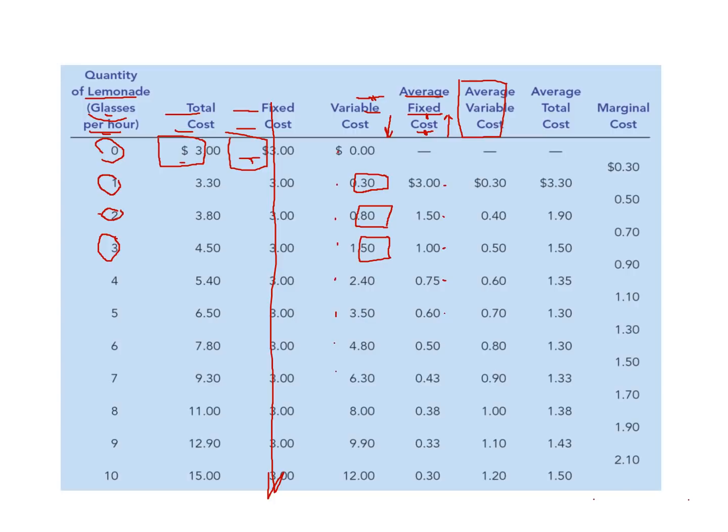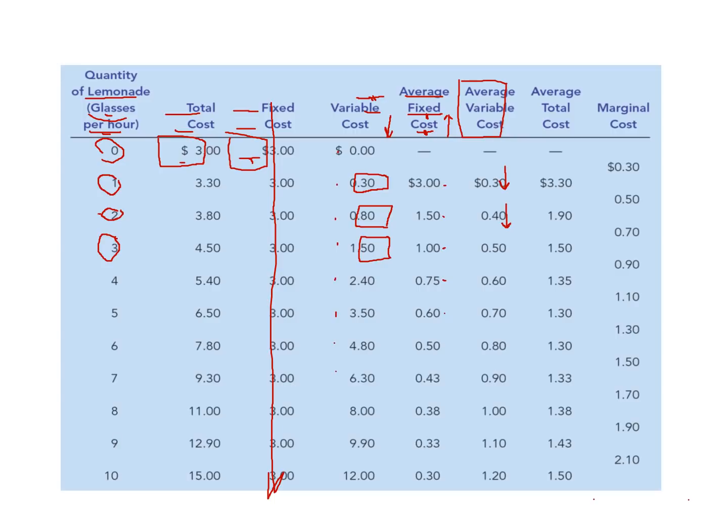The average total cost is initially decreasing, because at the start the fixed cost forms a big part of the total cost, and that is reducing.